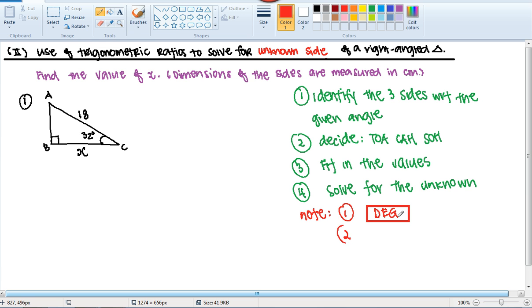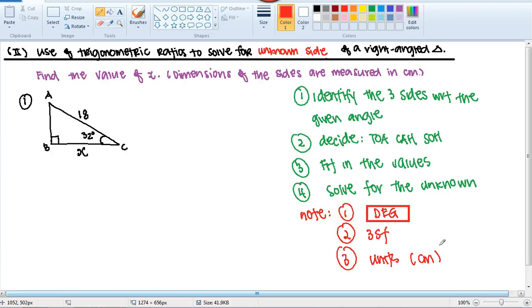Second, this x is a measurement of length, so if your final answer is not exact, you should always leave your final answer corrected to 3 significant figures unless otherwise stated. Third, don't forget the units. In this case, dimensions are measured in centimeters, so please remember to include your units in your answer.